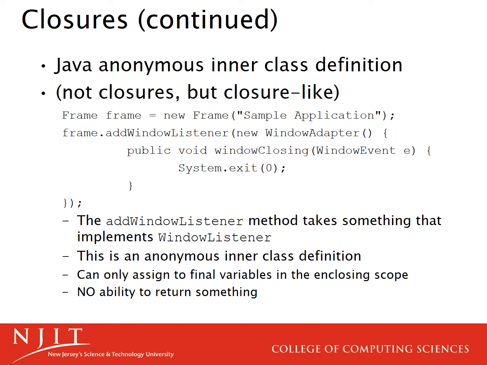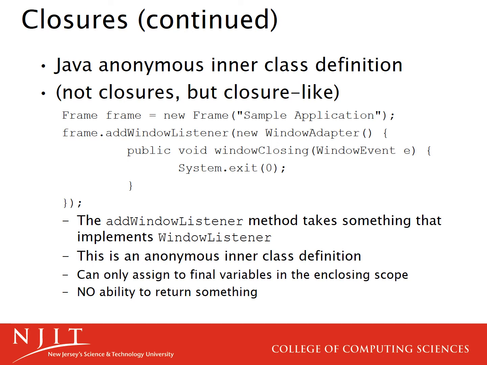So instead of declaring a separate class and passing an instance of that class into the function, I declare the class and create a new instance of it all in one shot. So you see the only argument to this addWindowListener function is this new window adapter, right?